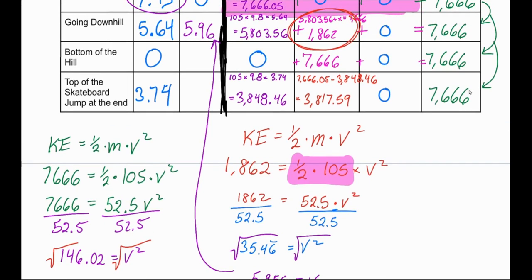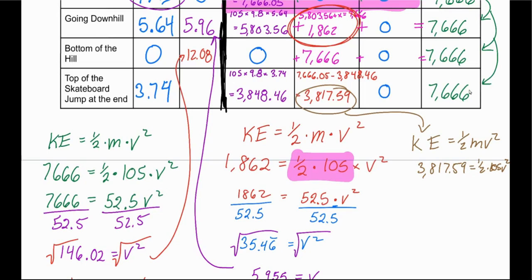Plug that in here. Last but not least, do it again for this one. This time I'm using this kinetic energy. Multiply the 1/2 times the 105. Divide by 52.5.